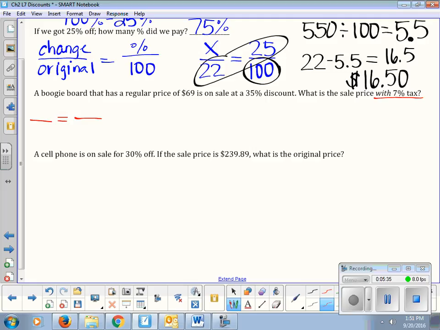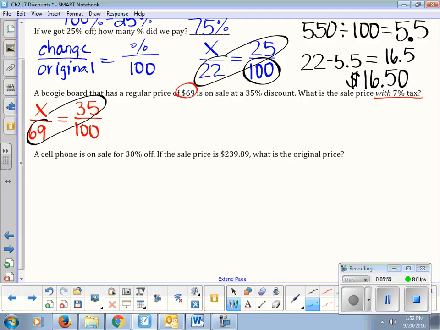So I'm going to set up my proportion. This $69 is our what? Original, so it goes in the denominator. What percent is our discount? 35, so we write that as 35 over 100, and we are solving for x.